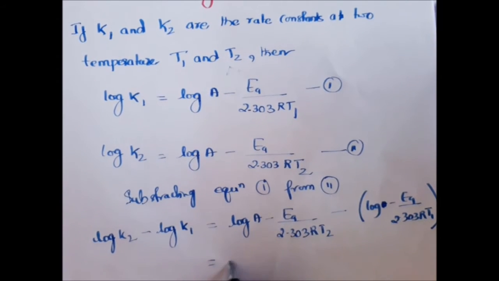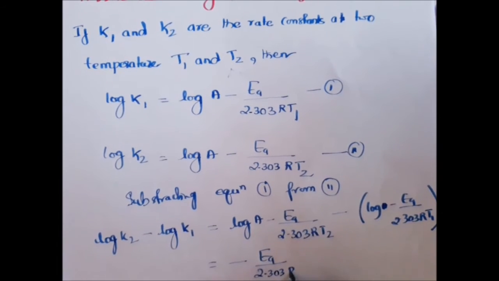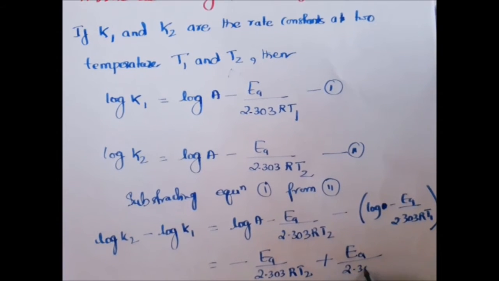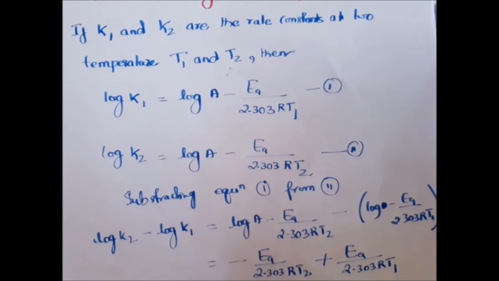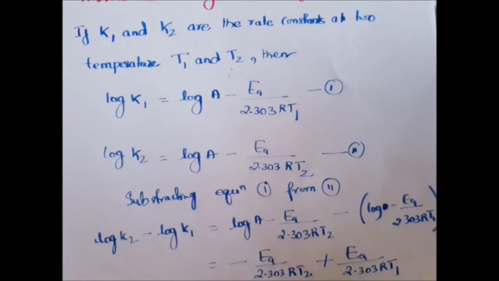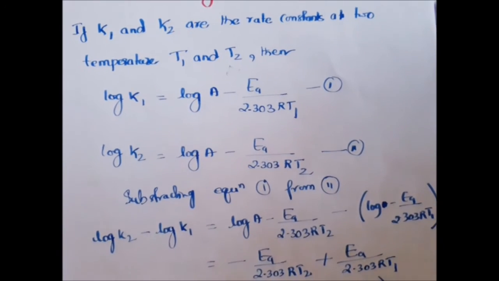So we get minus EA divided by 2.303 RT2 plus EA divided by 2.303 RT1. Now taking EA divided by 2.303 R common, we get 1 divided by T1 minus 1 divided by T2.